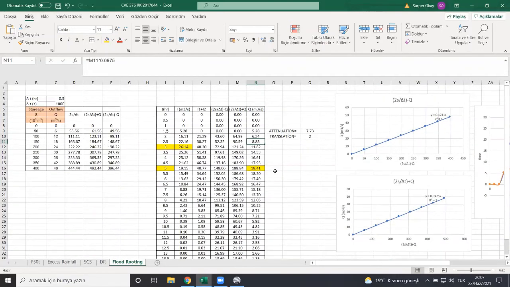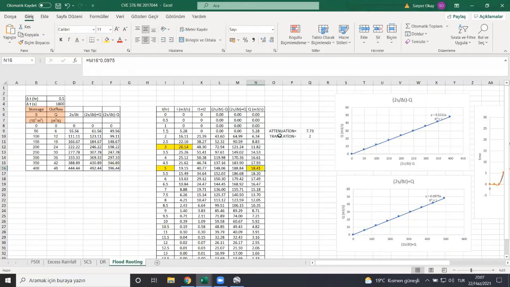Here what you need to do is find the maximum inflow value, which is 26.14, and the maximum outflow value, which is 18.41.